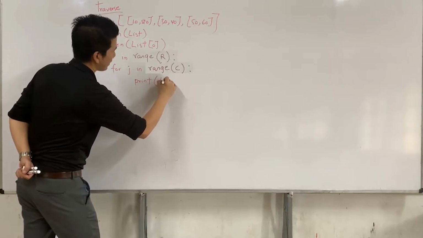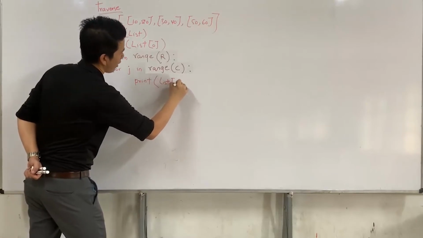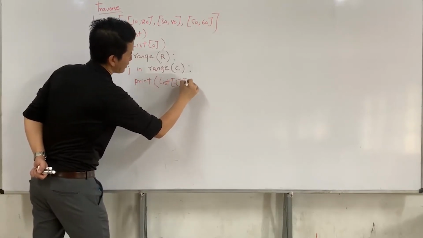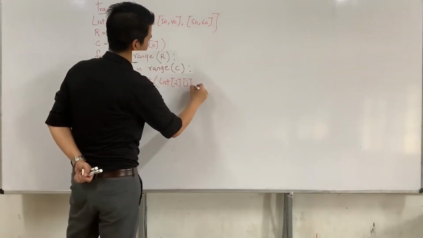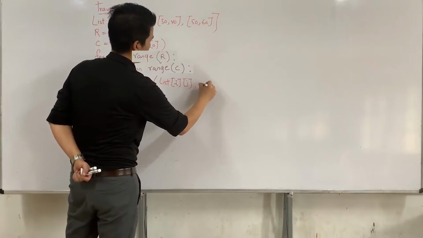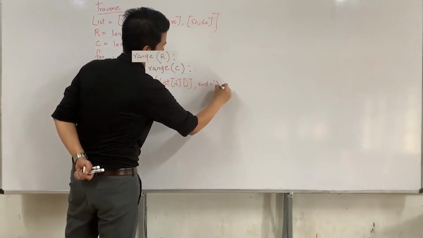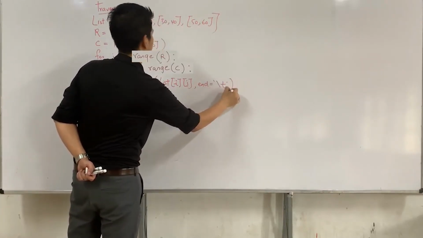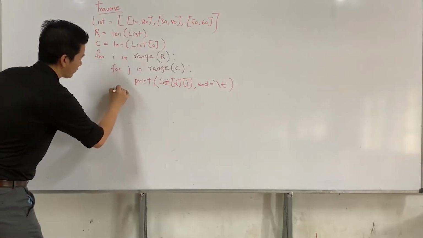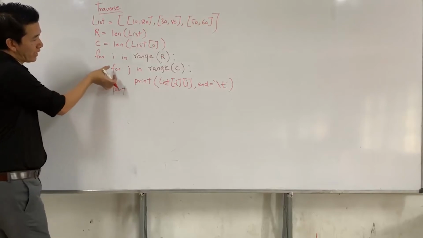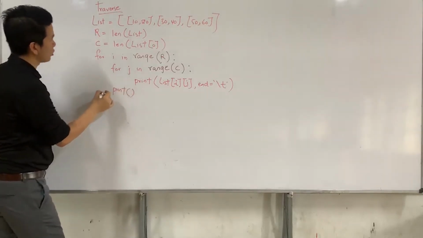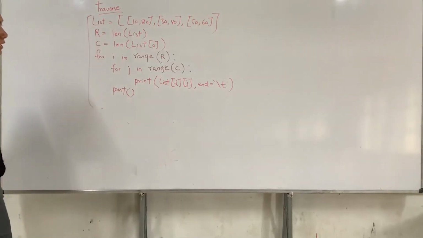You have list of I and J, okay, and then perhaps I could leave a space or leave a tab like this, and then I'll have the print statement just at the end of all the inner loops like this, just to push the cursor to the next line.